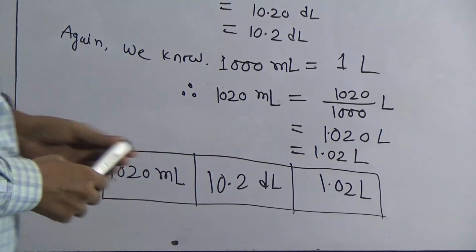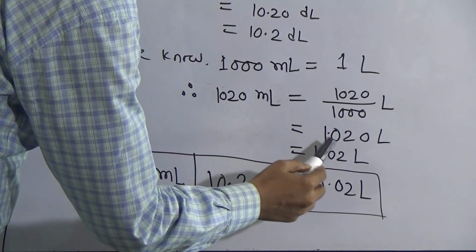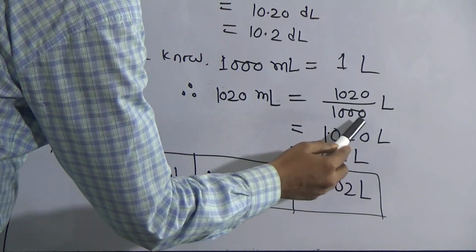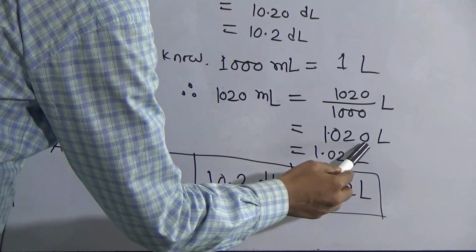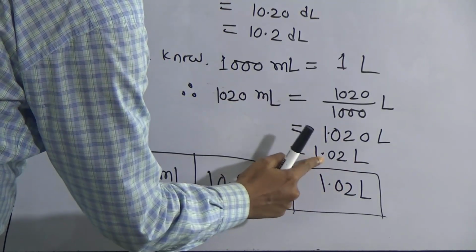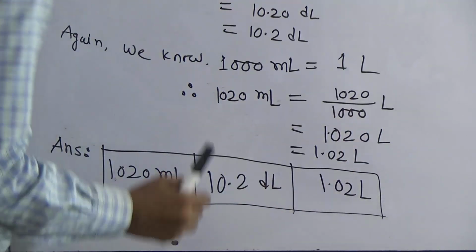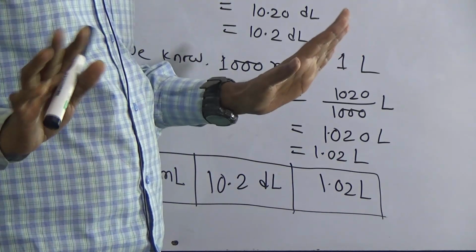Okay. Look student, 1, 2, 3. That means at first write 1020. Then count 1, 2, 3. That means put the point after 3 digits. Now 1.02 liter. Okay. You can write here also 0, but no need, not necessary.